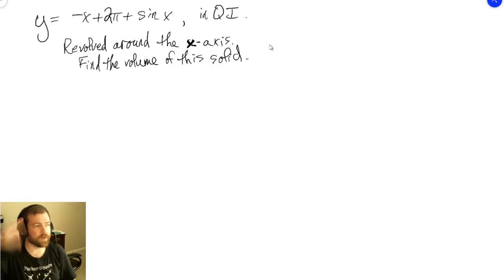It's going to be revolved around the x-axis, and we're going to find the volume of this solid. Remember, all you out there, do hydrate. So we want to find the volume of the solid.